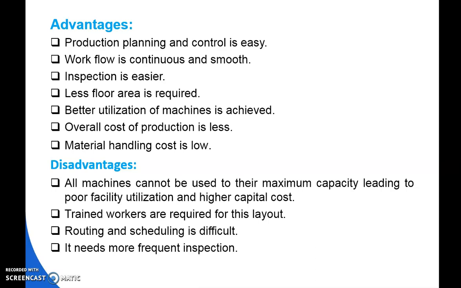Routing and scheduling is difficult, means moving from one machine department to another also requires some time, and also the time requirement for each product. It requires more frequent inspection because you have different machinery departments, and different experts are required. So this will need a large amount of capital investment cost for the production system.